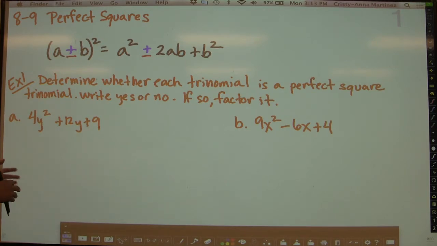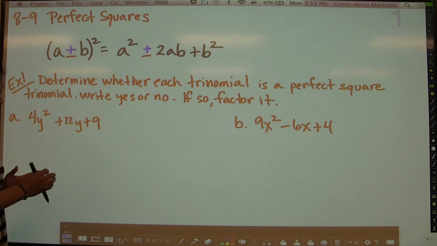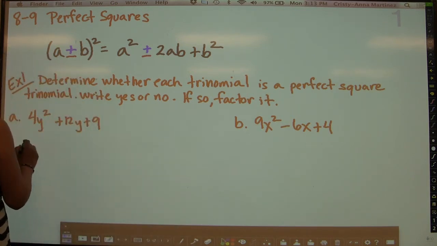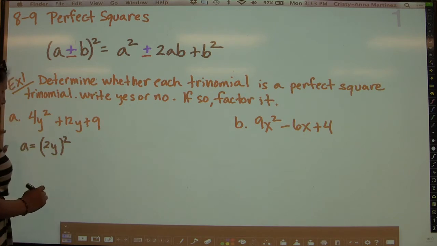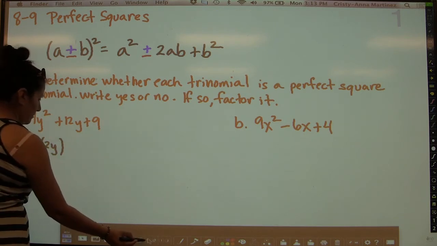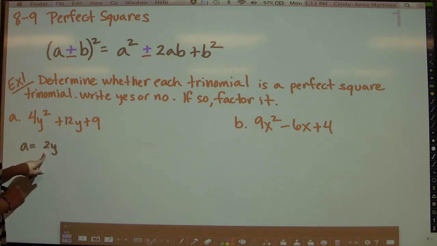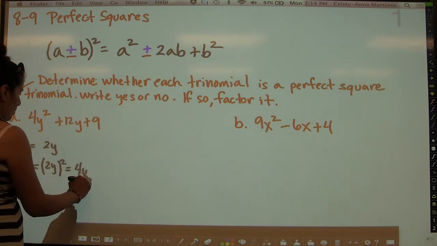Well, the first thing we want to look for is, do we have the a squared and b squared? Because we have to identify what a and b are. So we can say pretty safely here that our a could be 2y, because if we square it, 2y squared would be 4y squared.